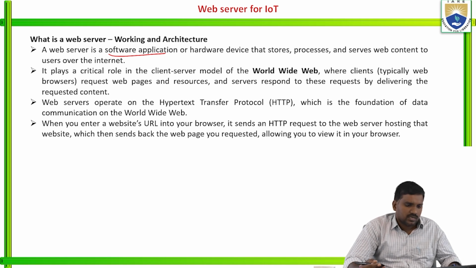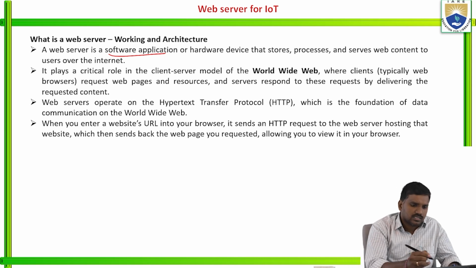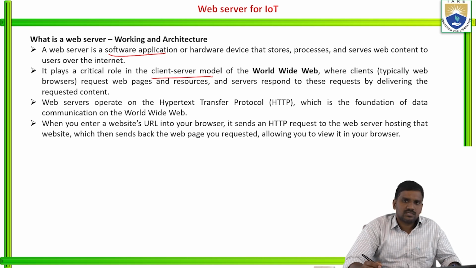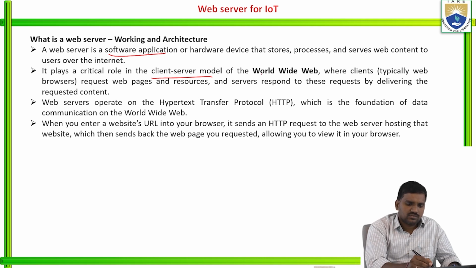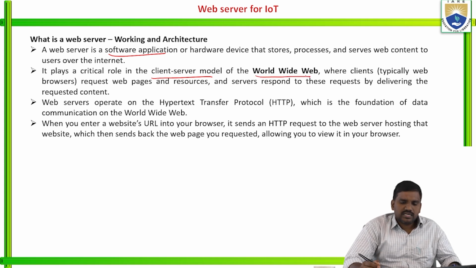It is not basically a device. It is a software application used to drive the hardware devices. This is the main thing about web server, and it plays a critical role in the client server model, or service request response model of the WWW, World Wide Web, where the client typically requests web pages.